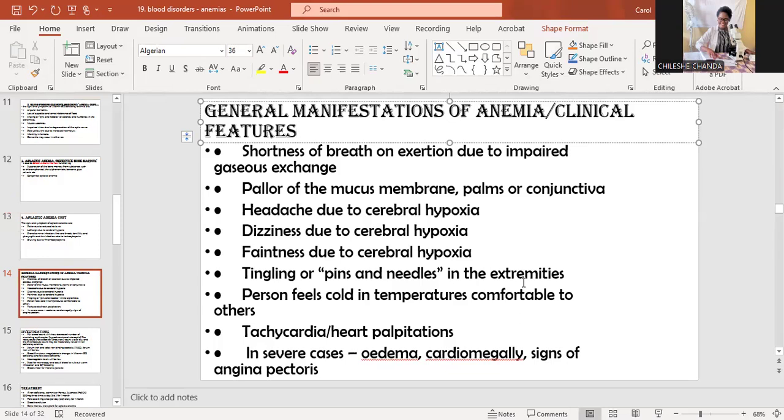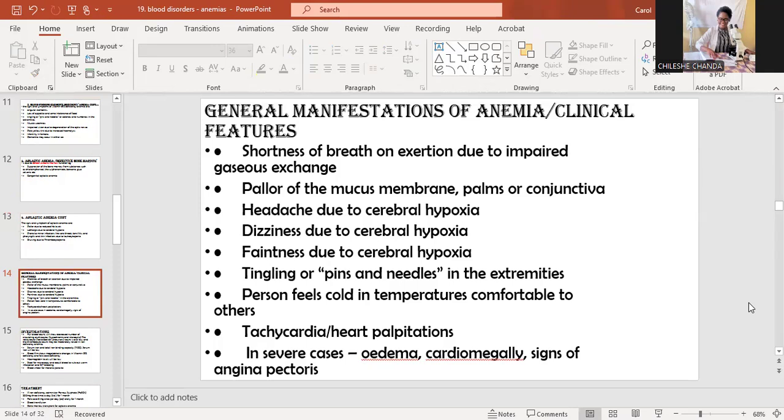Now let us look at the general manifestations of anemia. General manifestations of anemia include shortness of breath on exertion. That is when the patient just tries to do a slight exercise, they try to go up one flight of stairs, they experience shortness of breath.